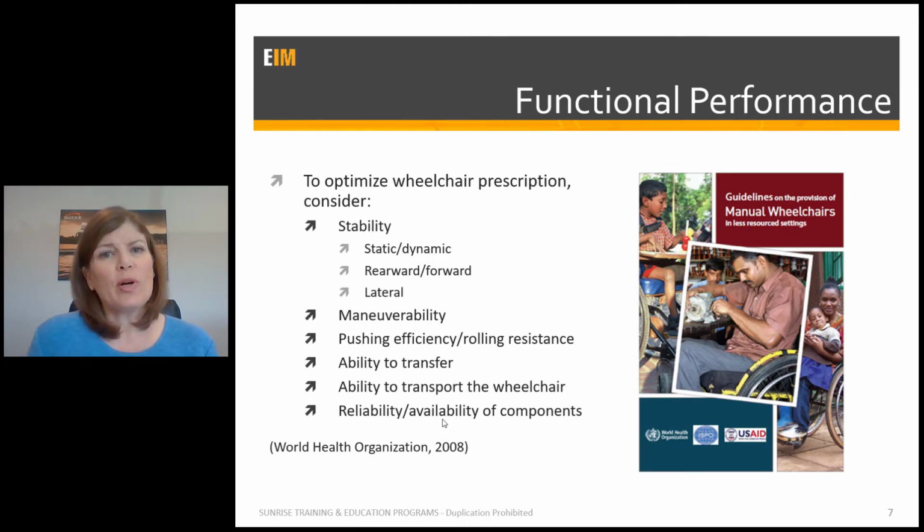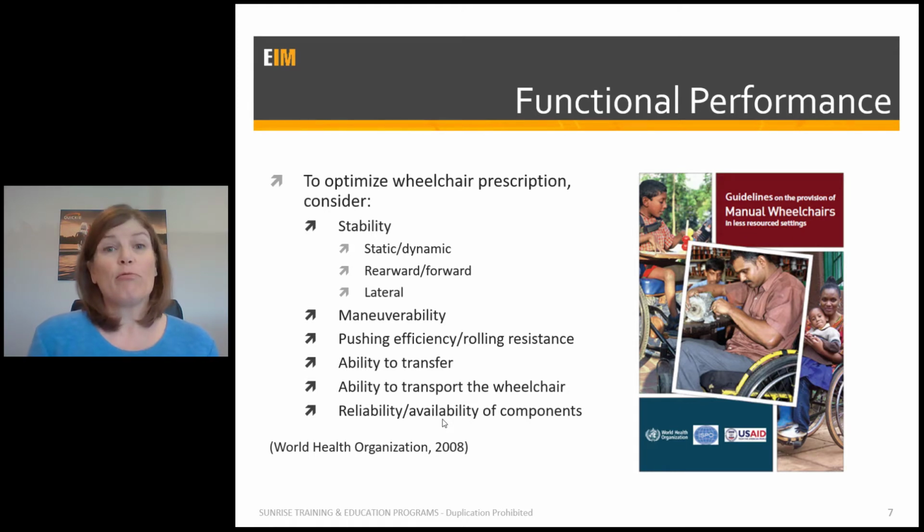What the World Health Organization said for those of us in less resourced settings is that we really need to consider a number of different factors when we're optimizing wheelchair prescription. So those factors are things like stability, and stability is comprised of a number of different components. We're thinking about both static stability as an individual sitting in a wheelchair, as well as dynamic stability when that individual is propelling the wheelchair or performing movement in the wheelchair.